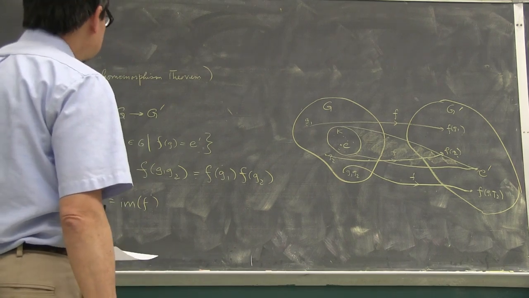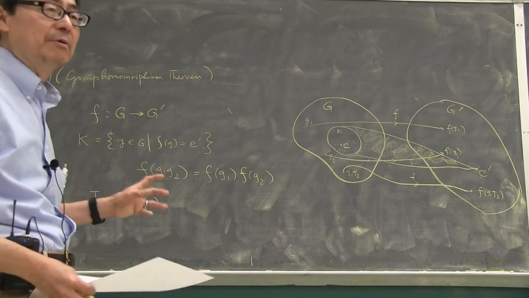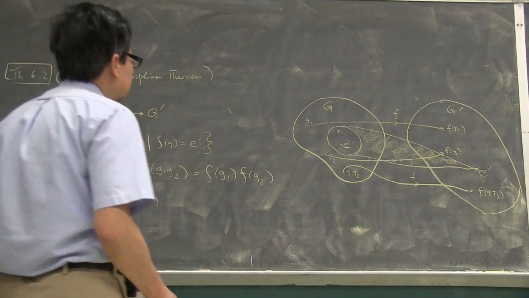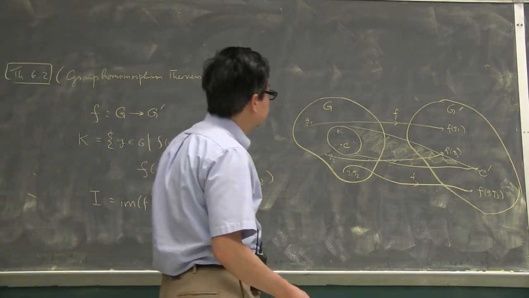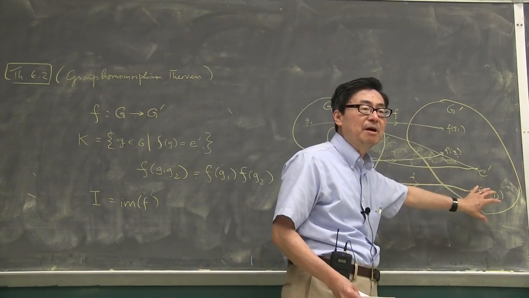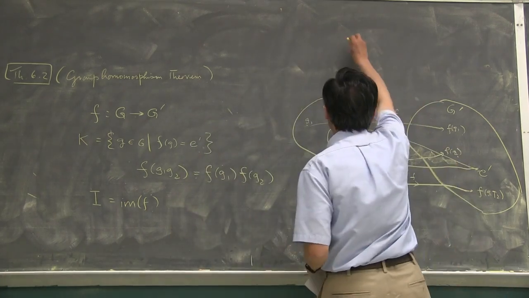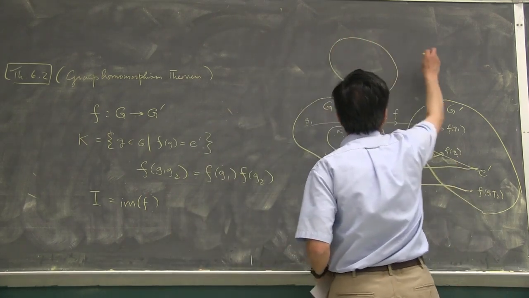Now, the idea is that since the group homomorphism need not be one-to-one, you may take everything in G, but that doesn't get mapped to everything in G prime. Okay? So let me draw you another picture so as not to confuse the first picture.